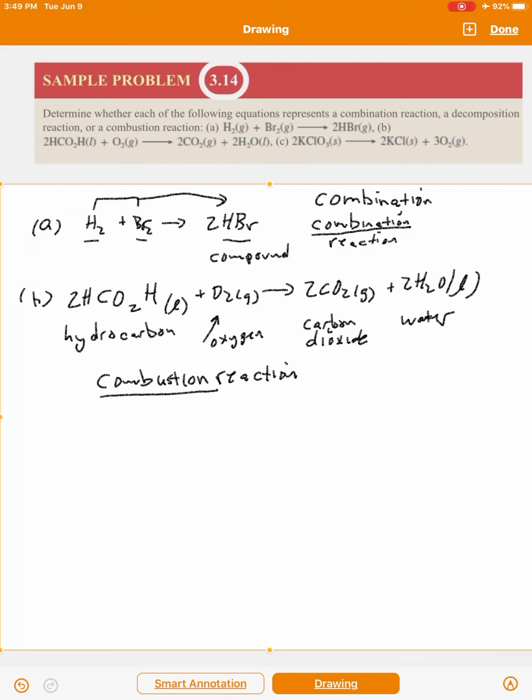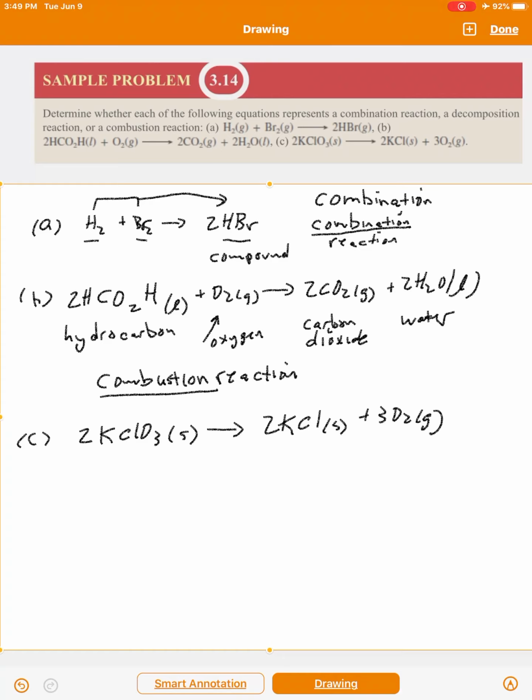Part C is going to be the third type, which is where something that's more complicated becomes something simpler. So in this case, it's potassium chlorate in the solid state decomposing into potassium chloride plus oxygen.